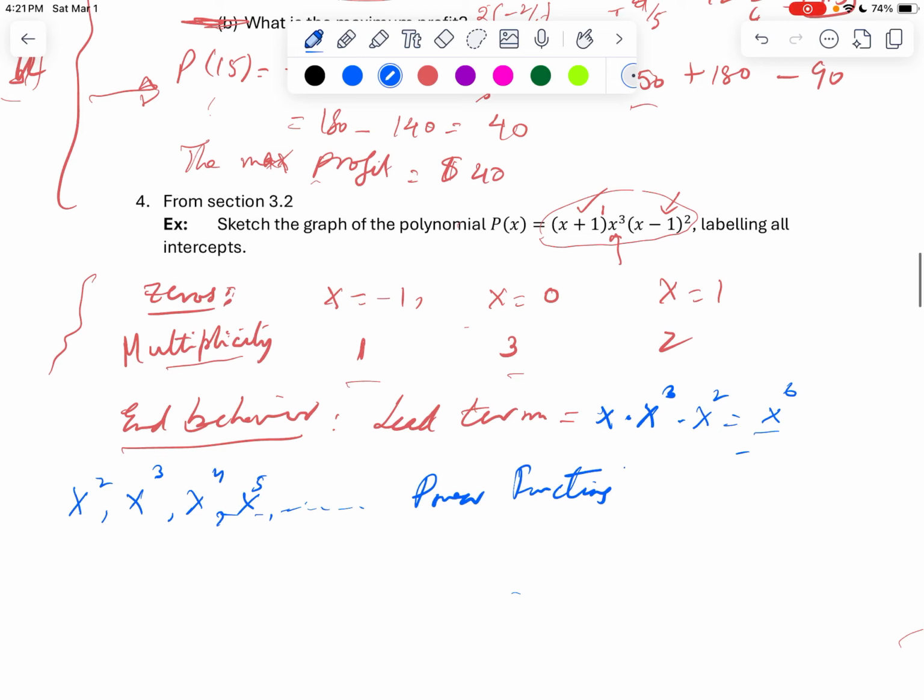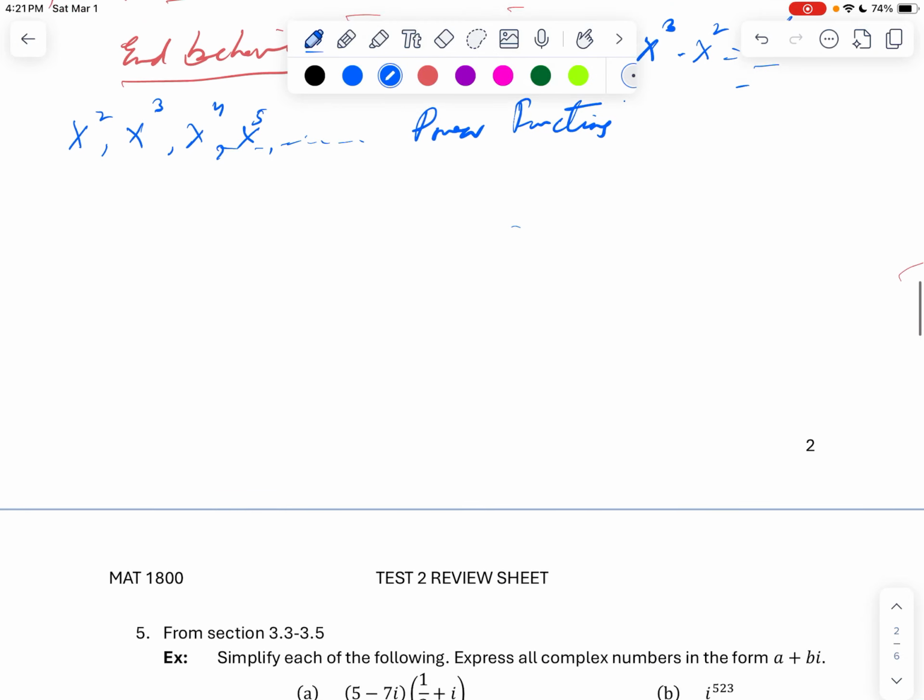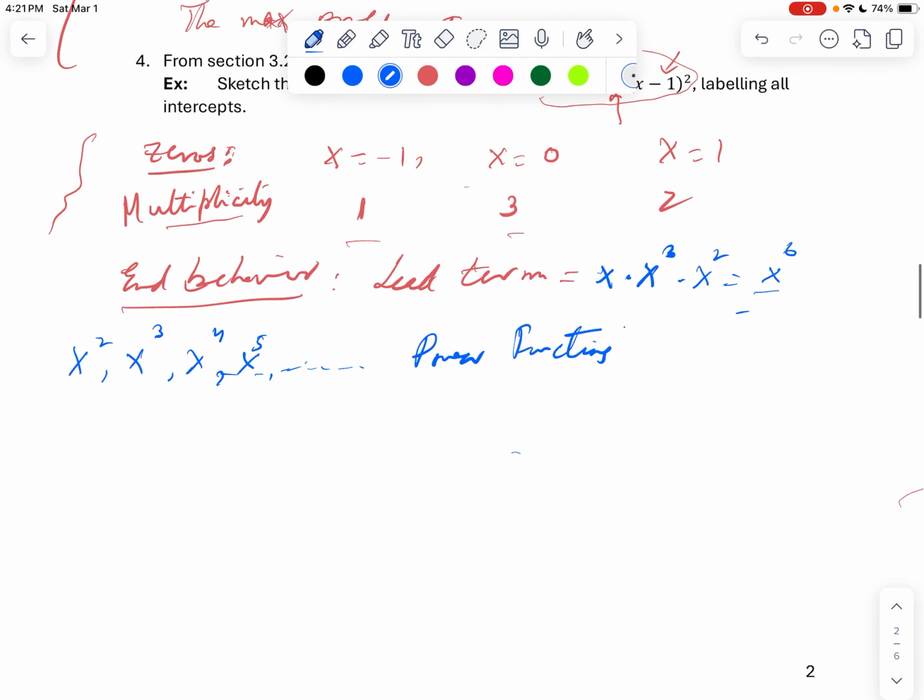And if the power is odd, that means it could be 3, 5, 7, 9, 11, and so on.